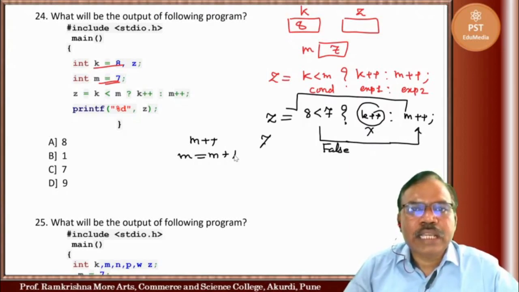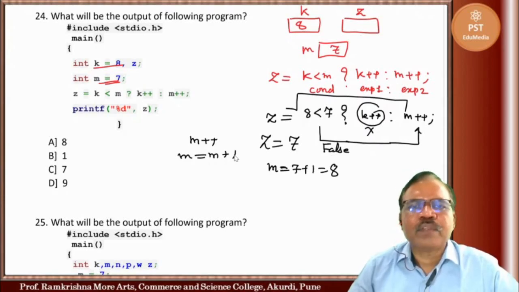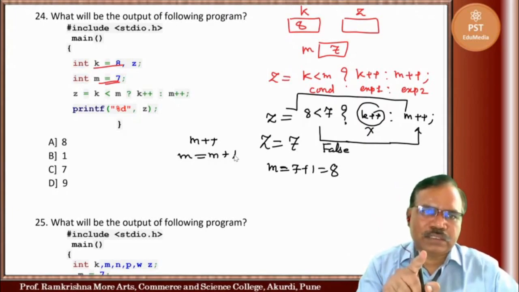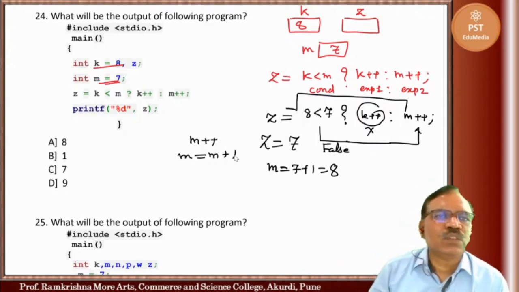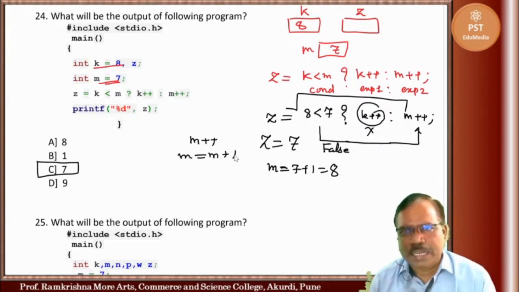So what is assigned to z? m is assigned, that is 7 is assigned and then m will increase by 1, to 8. So first m is given to z because it is m plus plus, and then m is increased. So that's why your z will be equal to 7 and not 8.